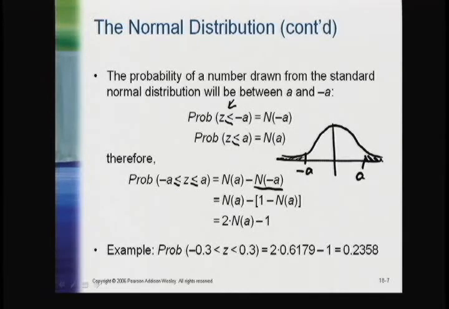Well, the probability that we're bigger than positive A is 1 minus the probability that we're less than positive A. And we do the math, and we finally get 2n of A minus 1.